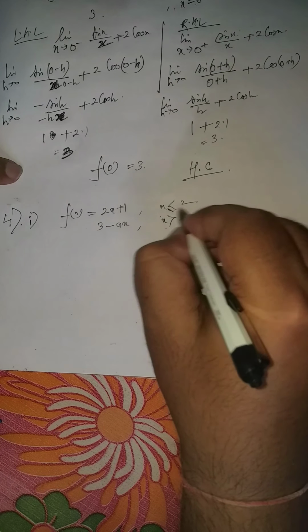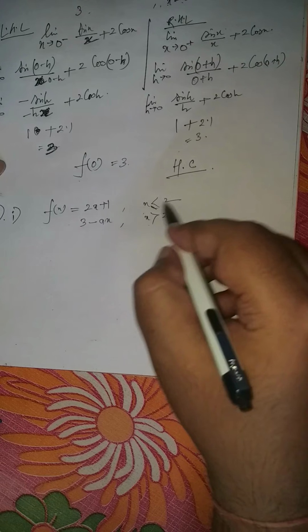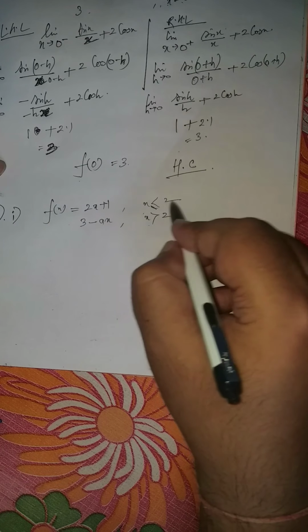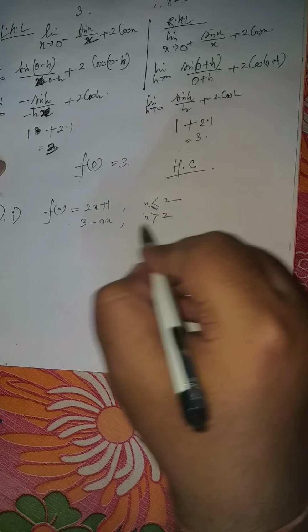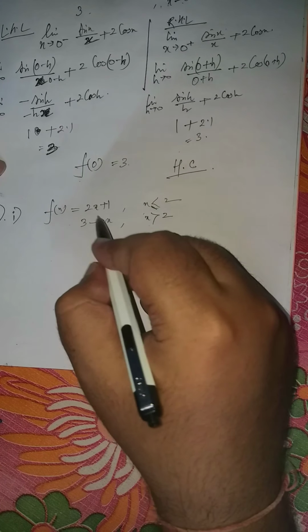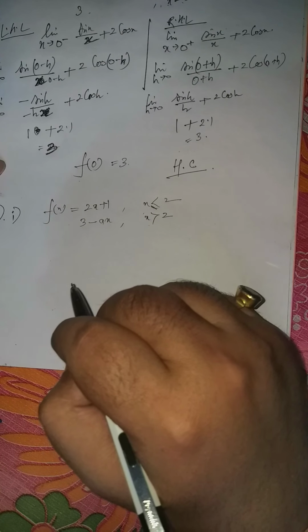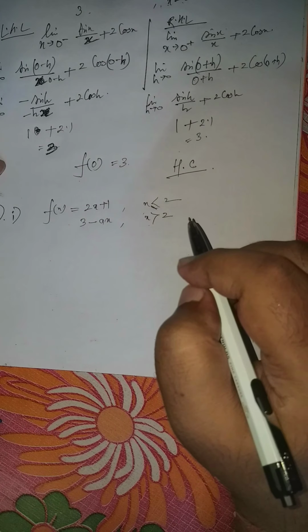So here the function is defined with the point 2. For less than or equal to 2, you consider this, and for greater than 2, you have to take this value. Now the question is, for what value of a will the function be continuous at x equals 2?